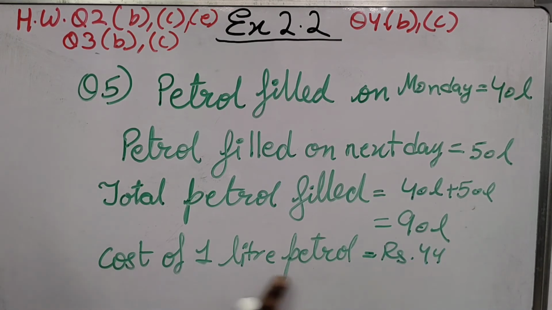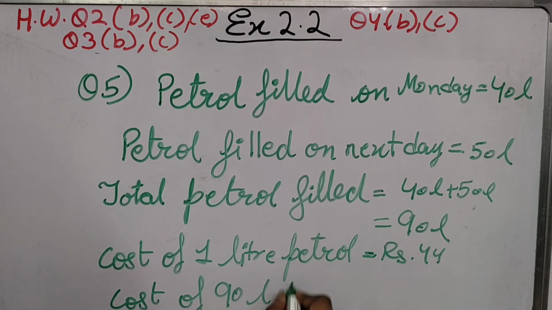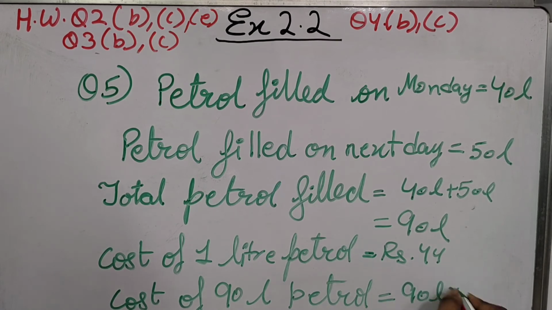So when 1 liter costs rupees 44, 90 liters will cost, so the cost of 90 liter petrol is 90 liter multiplied with rupees 44. Again you can solve it by dividing 90 into 100 minus 10.